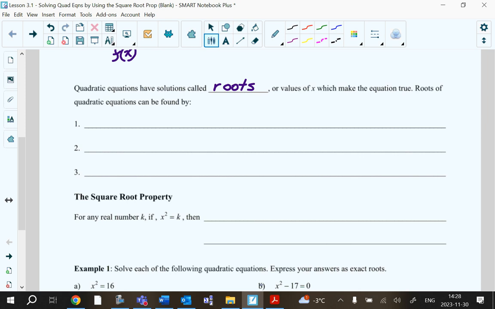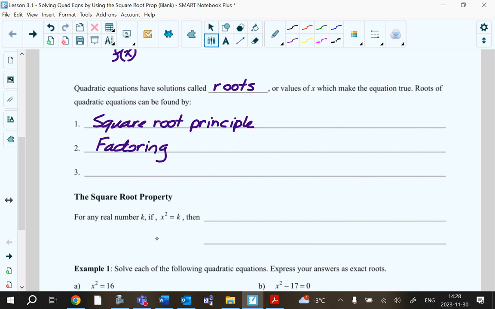And with quadratic equations, there's three methods. There's something that we call the square root principle. But there's many quadratic equations that we can't use the square root principle on, so we have to use our knowledge of factoring that we learned in grade 10 to solve them.